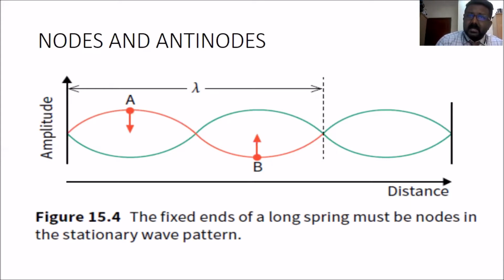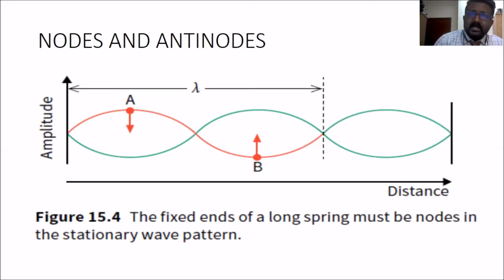The points that do not move are called the nodes, and the points where the string oscillates with the maximum amplitude are called the antinodes. At the same time, it is clear that the wave profile is not traveling along the length of the string. Hence, we call it a stationary wave or a standing wave.